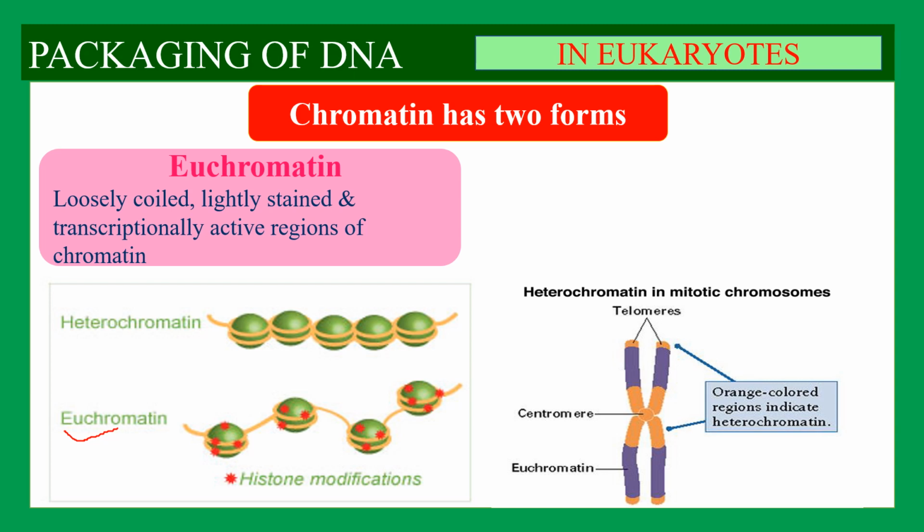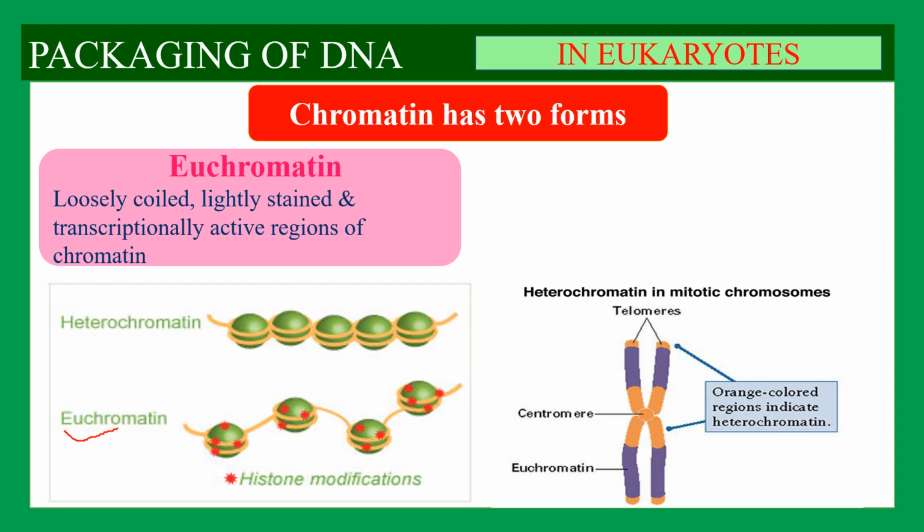When we stain the nucleus, the euchromatin region takes the light stain, and it is loosely coiled, which means it contains less amount of DNA, hence it is easily available for the process of transcription. Hence it is called the transcriptionally active region of chromatin. Euchromatin means loosely coiled, lightly stained and transcriptionally active region of chromatin.